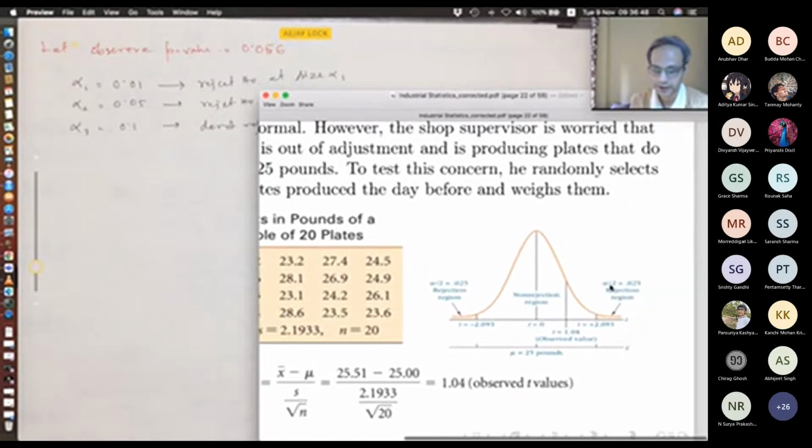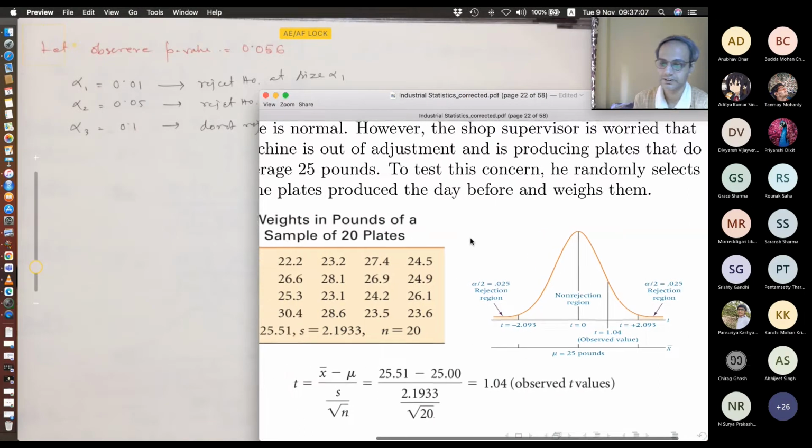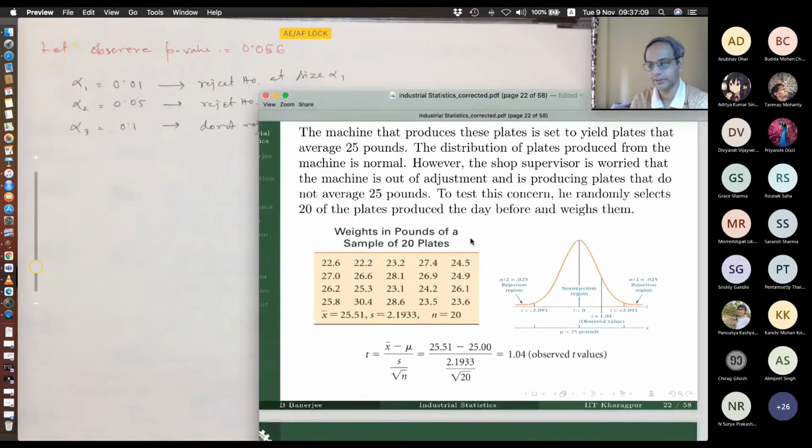Now they are doing a both-sided test because it is 25 pounds or not equal to 25 pounds. So they have taken alpha by 2 as 0.025, so the cutoff value is 0.2093 and the observed value is 1.04. Here is the observed value, here is the cutoff value. So they have rejected the null. This is a very rudimentary example.